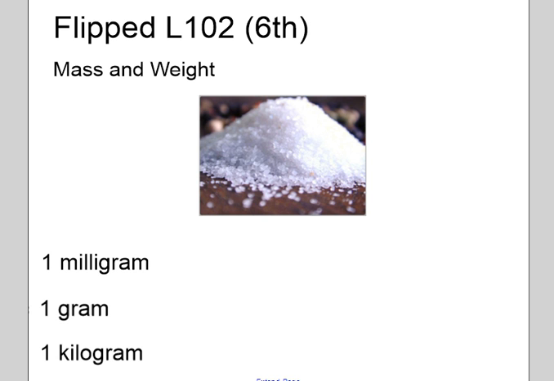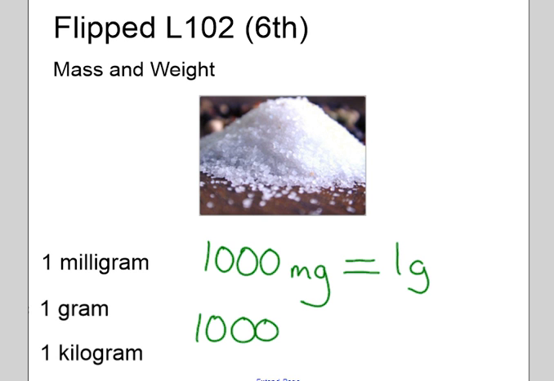If I had 1,000 milligrams, we would say that is equal to 1 gram. So we see a relationship there. Just like when I talk about the relationship between grams and kilograms, I could say that 1,000 grams is equal to 1 kilogram.